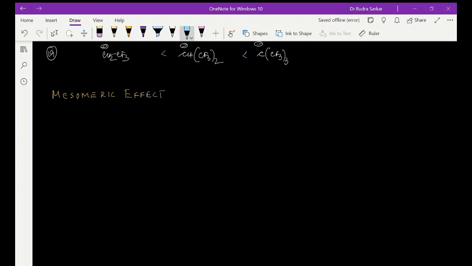So we will classify this topic into around 6 to 7 subheadings, and the first one is over here: the pi bond conjugated to an electron withdrawing group.